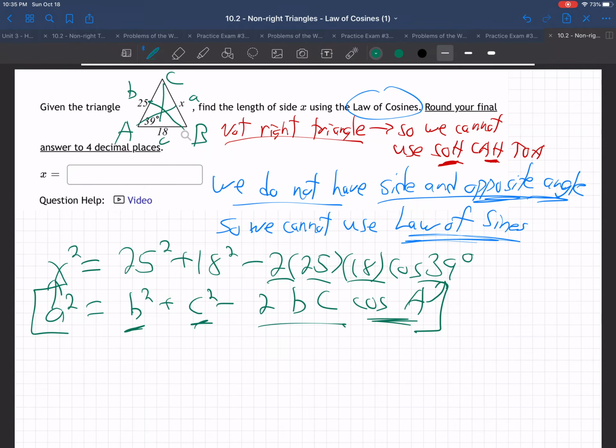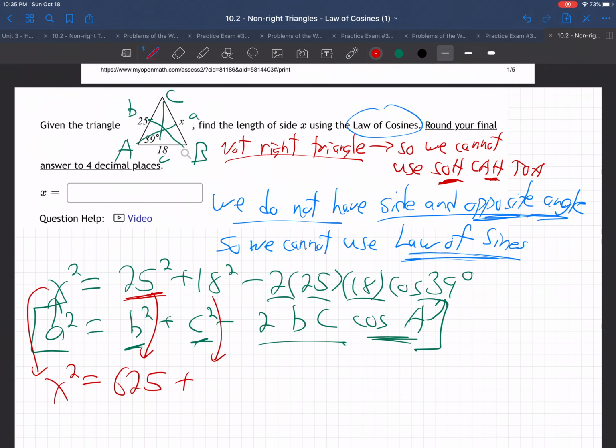Okay, let's solve this thing then. Coming on down. So bring this down here. X squared is 625. That's 25 squared. 18 squared is 324, minus 50 times 2 times 25 times 18 is 900.